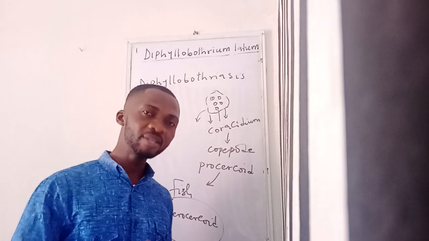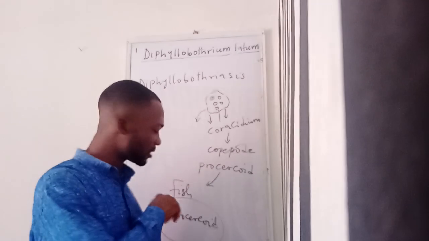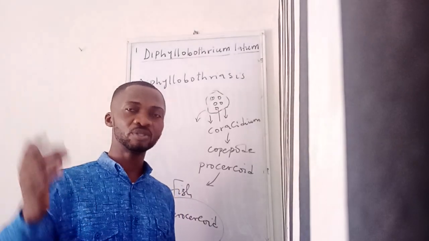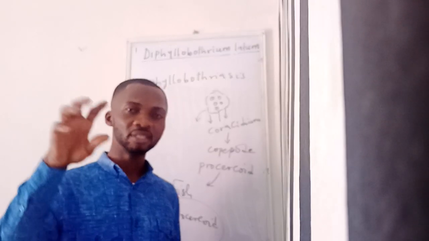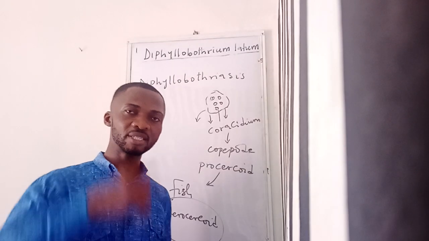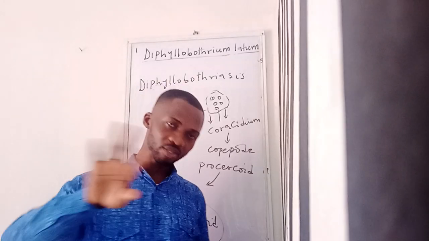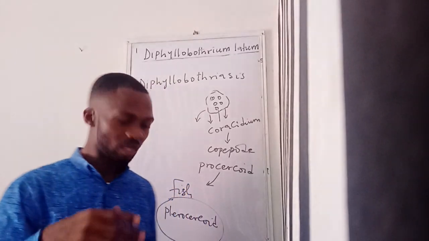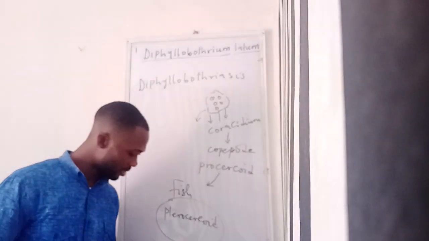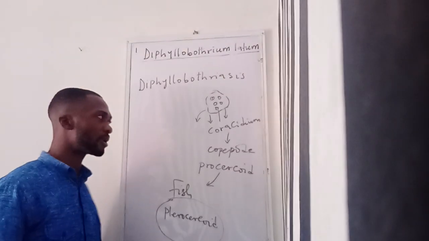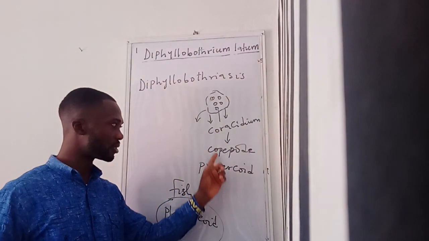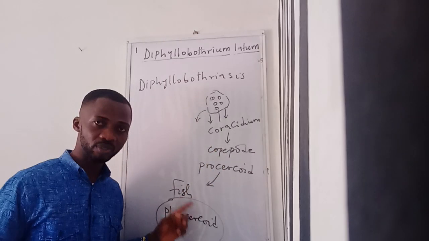So it remains in the stage of a plerocercoid until the definitive host next feeds on that paratenic host. And that is how the cycle will continue. But let's forget about the paratenic host and continue with the second intermediate host. I said the first intermediate host is a copepod, the second intermediate host is a fish.